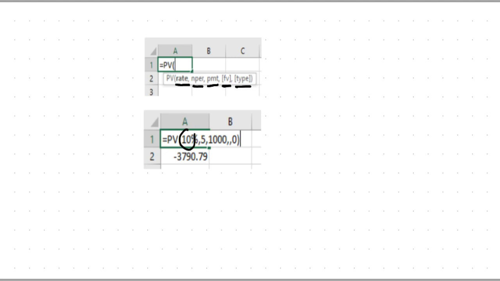So rate is 10%, number of periods is 5, PMT payment is 1000, FV is 0 or you can leave it blank, and type is 0, that is the end of the period, or you can leave it blank. So the present value comes out to be 3790.79.